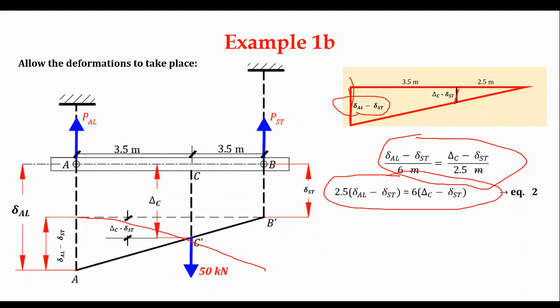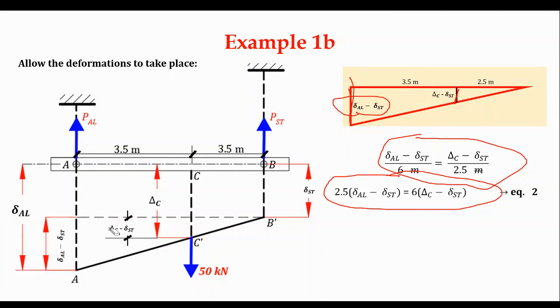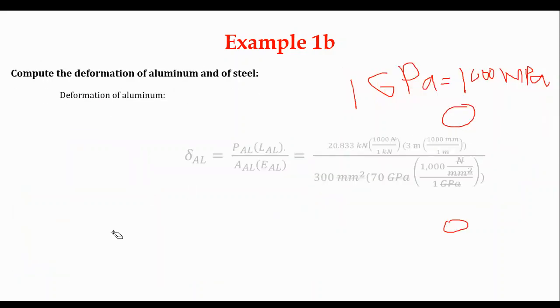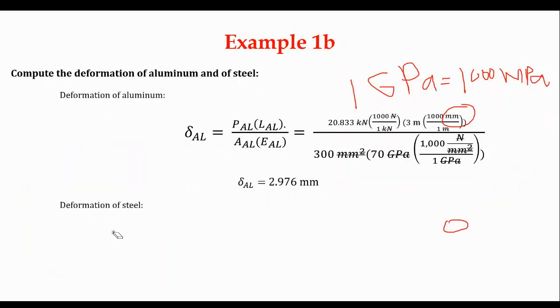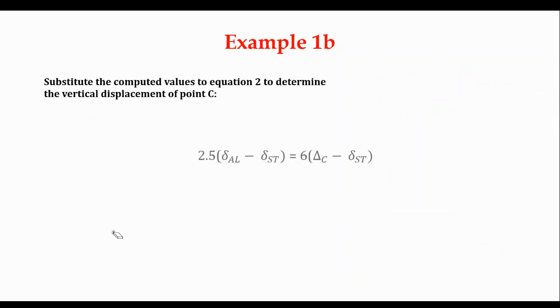Alright, so we have now obtained the deformation of aluminum and steel. Therefore, we can now solve the displacement at C, because we have created a relationship between the three.